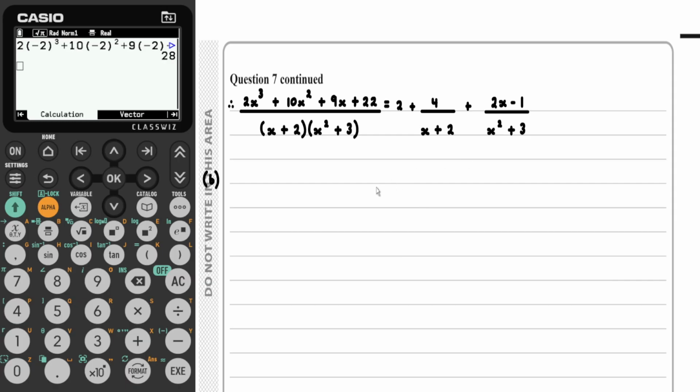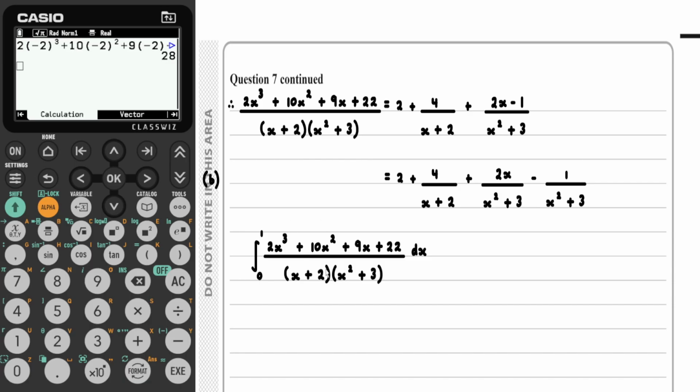With what we have in part A, we can further rewrite this. We still have this 2 plus 4 over x + 2, and this (2x − 1) over x² + 3. We can rewrite this as 2x over x² + 3 subtract 1 over x² + 3. When I combine these two fractions, I end up with (2x − 1) over x² + 3.